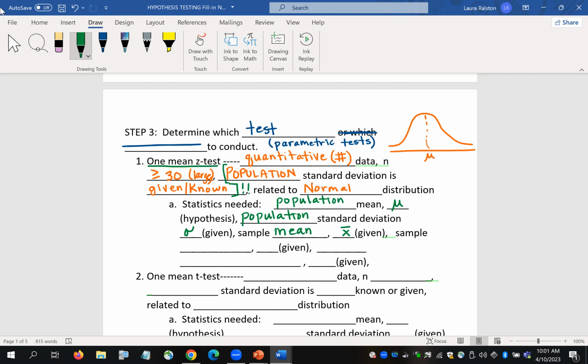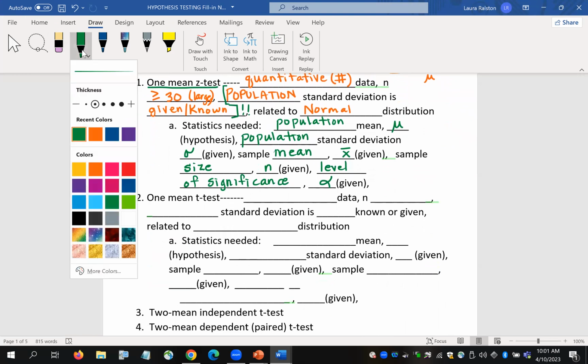You need the sample size, which is n. And you need something called the level of significance, which is alpha. And I'll talk about level of significance in just a minute. I'll have to go off to the side and do that.